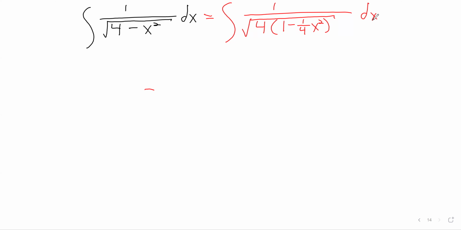We can use the fact that the square root of a product is the product of the square roots to get that 4 out of the square root. And in fact, because that gives us a constant, we can get it entirely out of the integral.